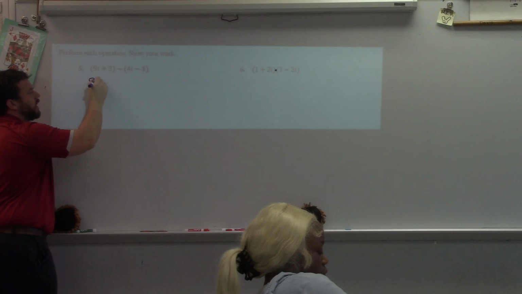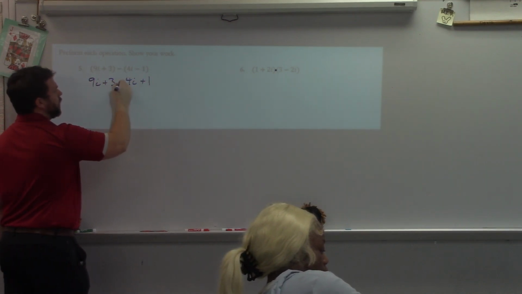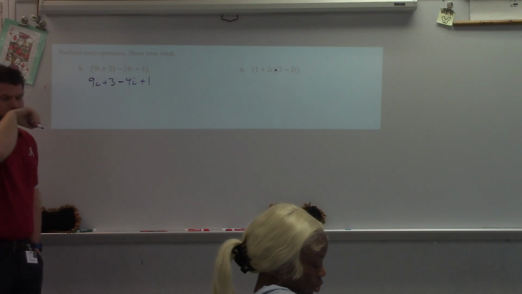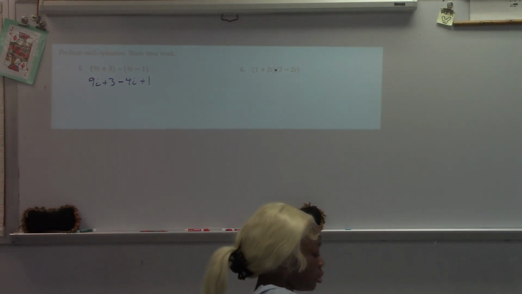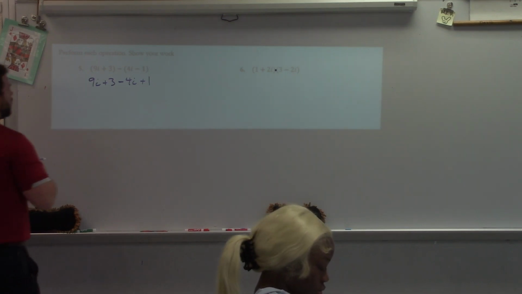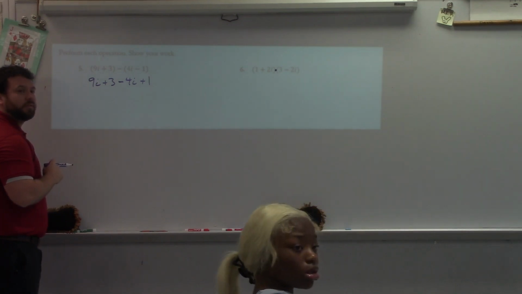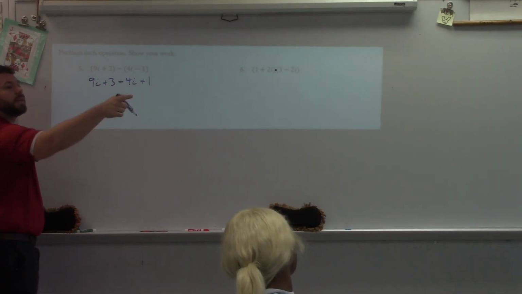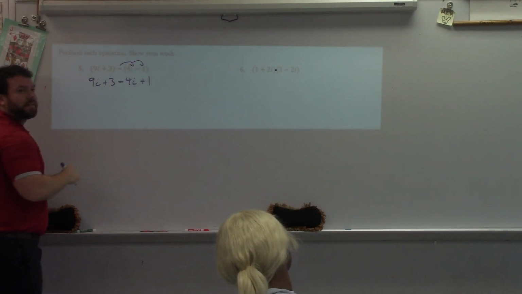So this is the same as 9i plus 3 minus 4i plus 1. Where did I get that from? I didn't just drop parentheses. I changed the minus to a plus sign. I distributed my minus. Think about it this way, Peyton.